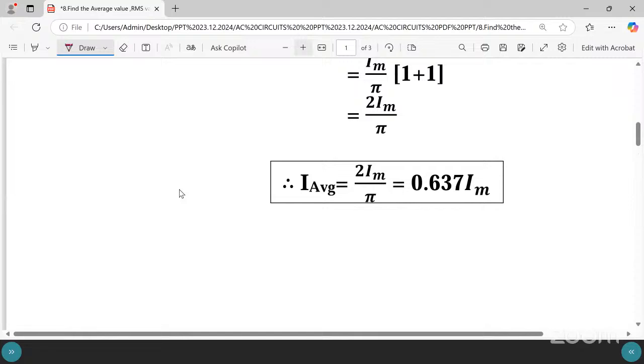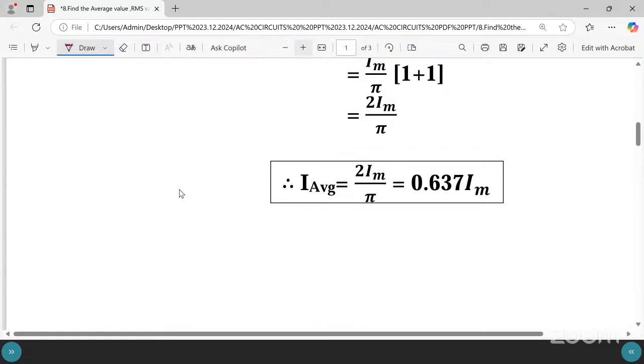If I go for the calculation part, the last answer is a formula you have to remember: 2 Im by pi is equal to 0.637 Im. How did you get this? Apply the formula: 1 by T, 0 to T, y of t.